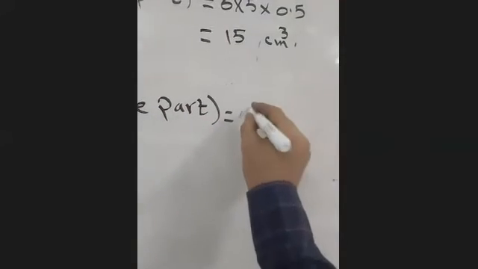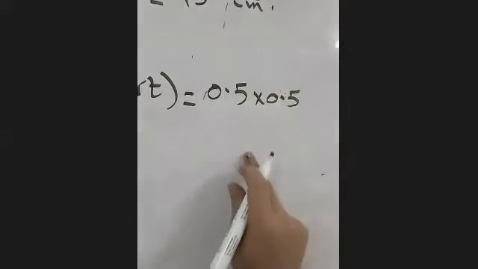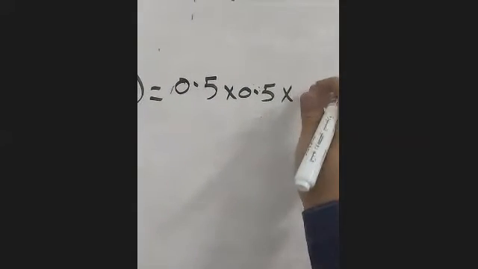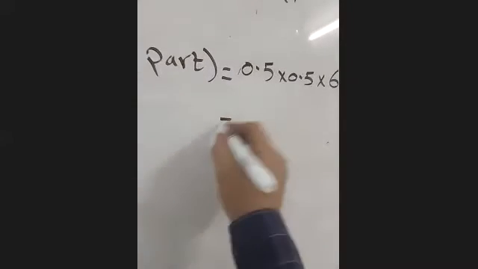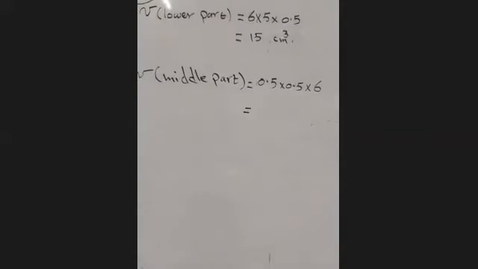So the volume will be 0.5 the length, multiply 0.5 the width, multiply 6 the height. 0.5 multiply 0.5 multiply 6 is 1.5 centimeter cubed.